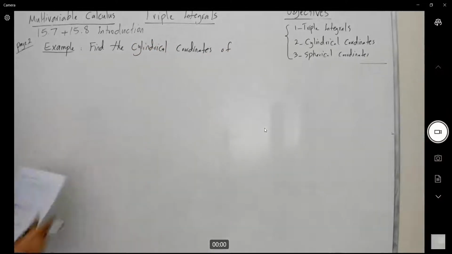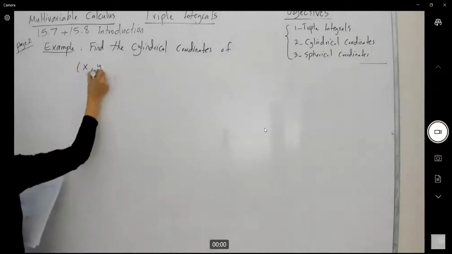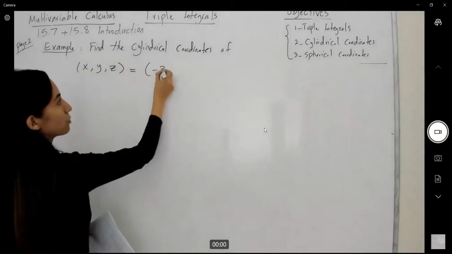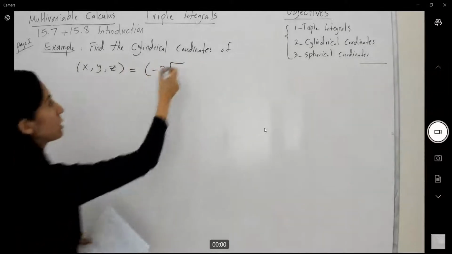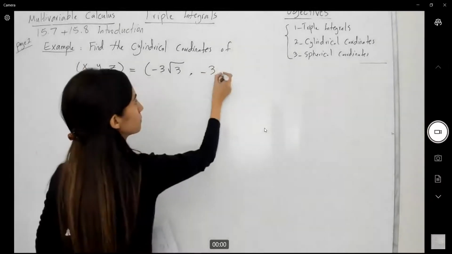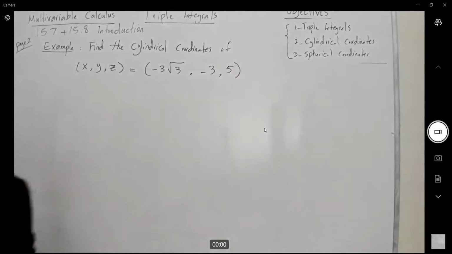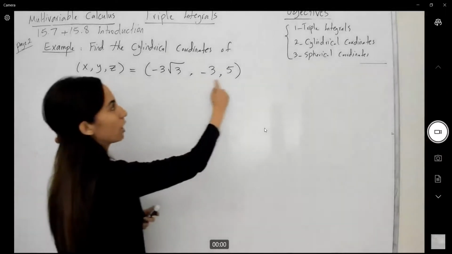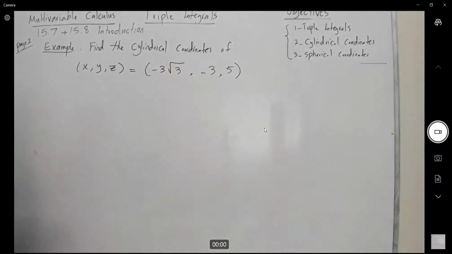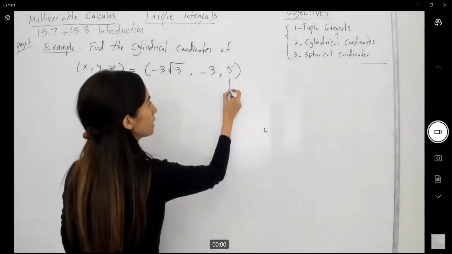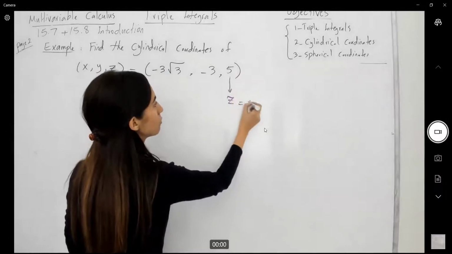The point given is x, y, z equals negative 3 square root of 3, negative 3, 5. Well, we have x, y, and z, and we're converting that into cylindrical coordinates. Remember that z stays the same, so your z is equal to 5.